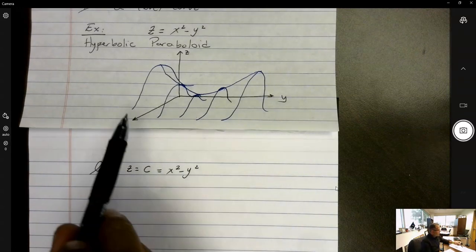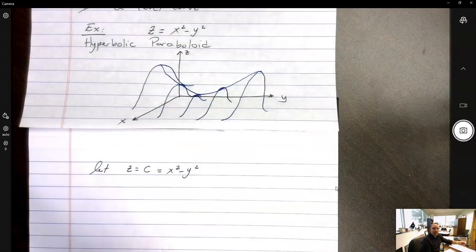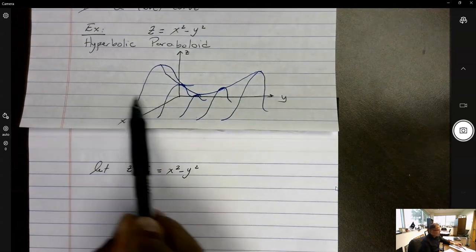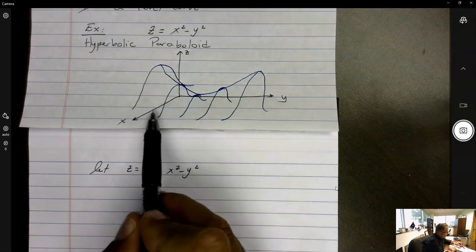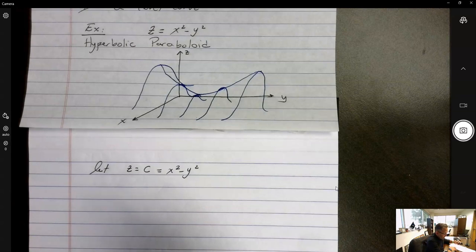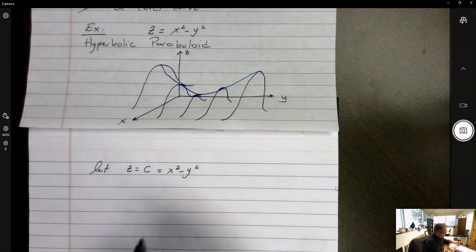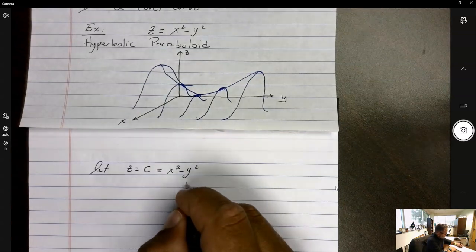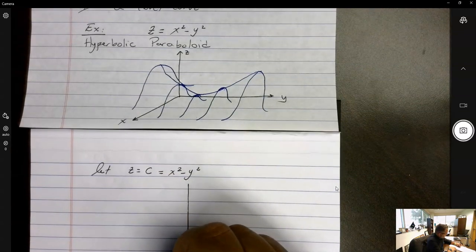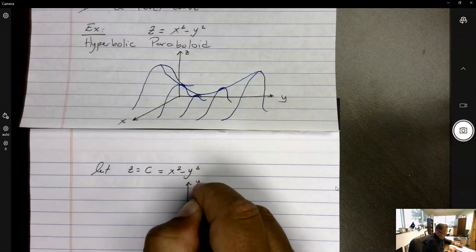Geometrically, that would be equivalent to the figure we have above, which is drawing a plane parallel to the xy plane. And if we look at that plane from the top with its intersections, this is what's going to happen.